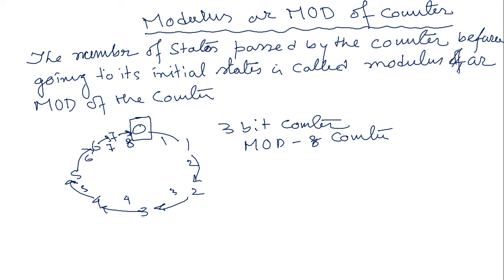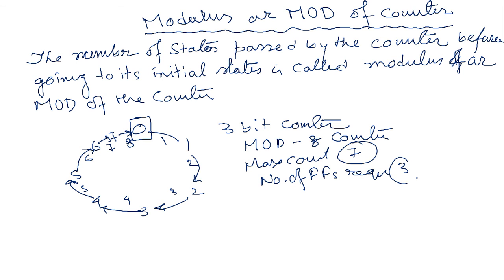A mod 8 counter is a 3-bit counter with 8 states, and the maximum count possible using a mod 8 counter is 7. The number of flip-flops required is 3, and the number of states is 8.